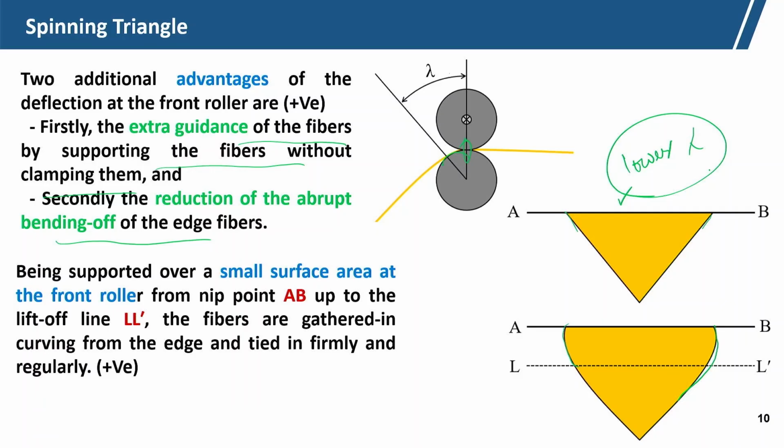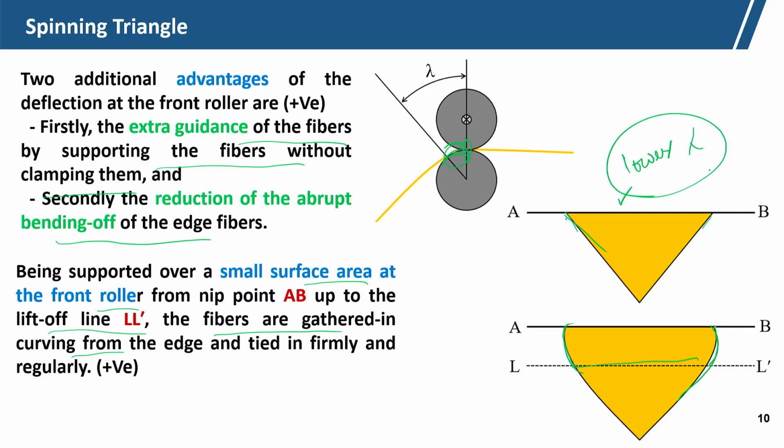Being supported over a small surface area at the front roller, from the nip point AB up to the let-off line LL, the fibers are gathered in curved form. In this contact area, the fiber guidance area, the fibers are not changing abruptly due to the friction between the bottom roller and the fiber fringe.